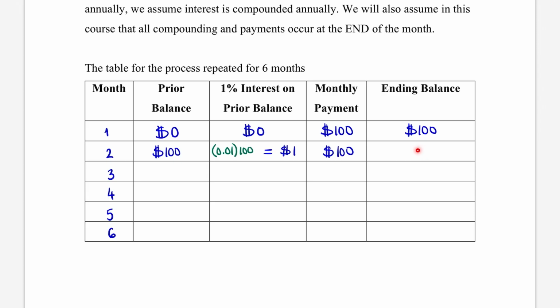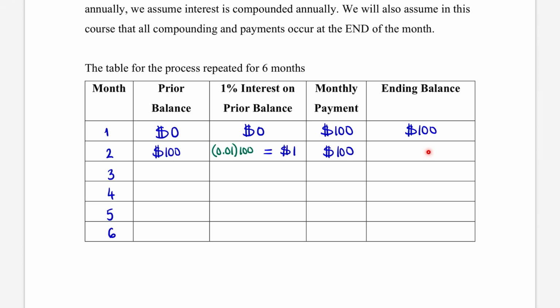Now, this is the balance in my account at the end of the second month. How much is it going to be? At the end of the first month, I contributed $100, and this $100 earned me $1 in interest. And then at the end of the second month, I contributed $100.